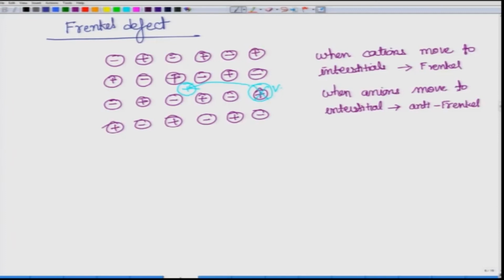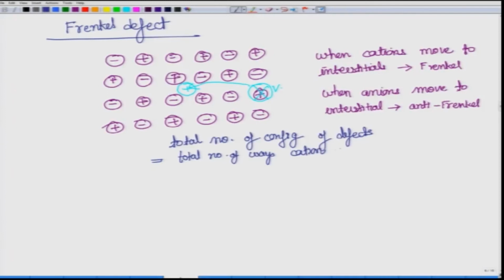However, if you look at the total number of configurations of defects, this will be equal to the total number of ways cation vacancies can be arranged times the total number of ways cation interstitials can be arranged.